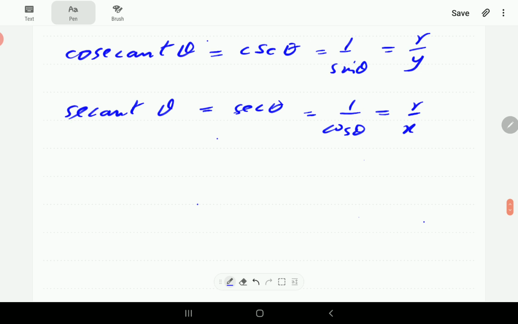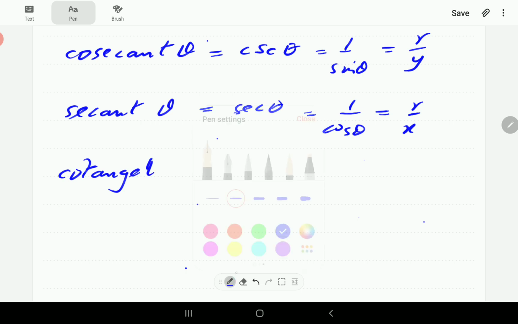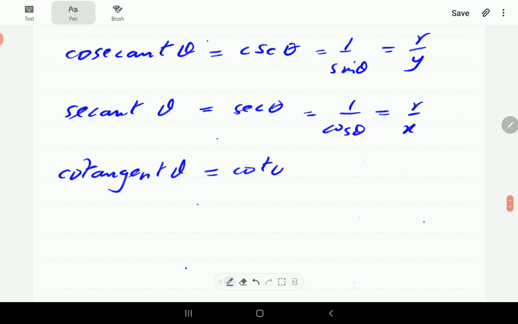And then lastly, we are going to define cotangent, and cotangent is just going to be the reciprocal of tangent, abbreviated cot theta, is 1 over tangent theta.